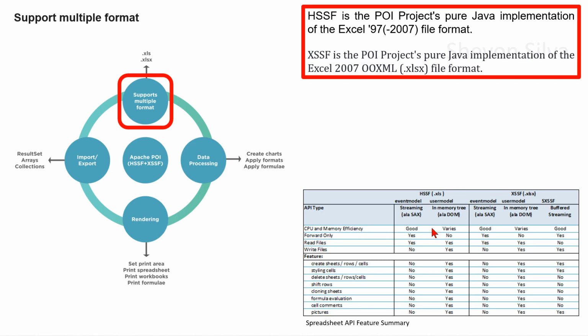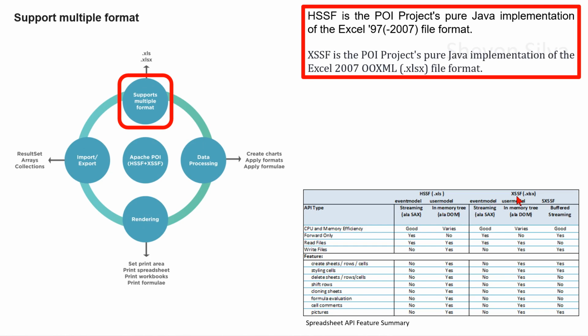The table here synopsizes the comparative features of POI's spreadsheet APIs. Here you can see API type: HSSF or .xls, event model, user model. The event model is streaming, according to SAX, and the user model is an in-memory tree, according to DOM.